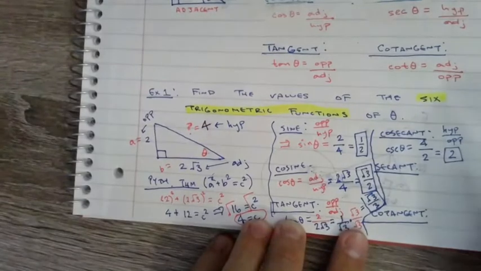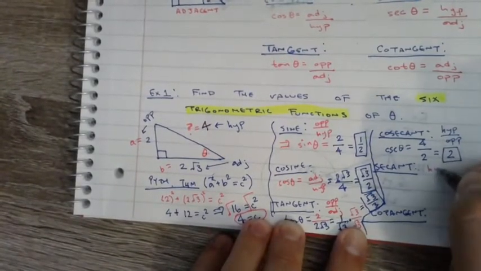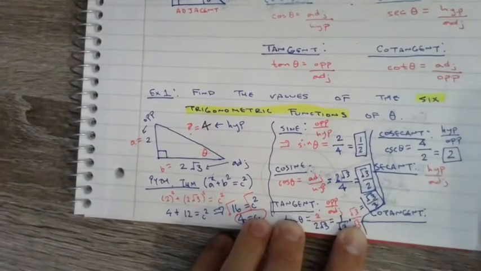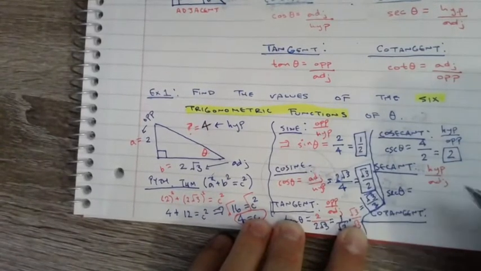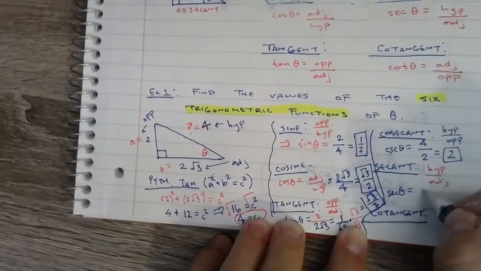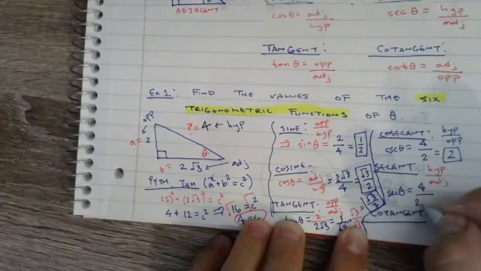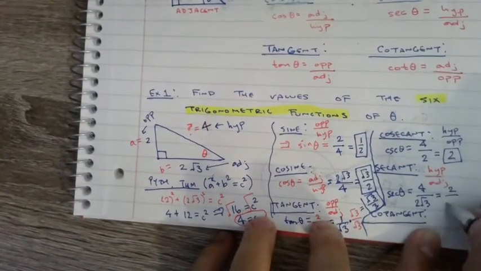Your secant, remember, is hypotenuse over adjacent. I almost made a mistake right there. Hypotenuse over adjacent, remember, is the very opposite of cosine. So secant of theta, and we're going to abbreviate it as sec like that, is your hypotenuse, which again is 4, all over your adjacent, which is 2 square root of 3, which gives you 2 over square root of 3 once you simplify it.